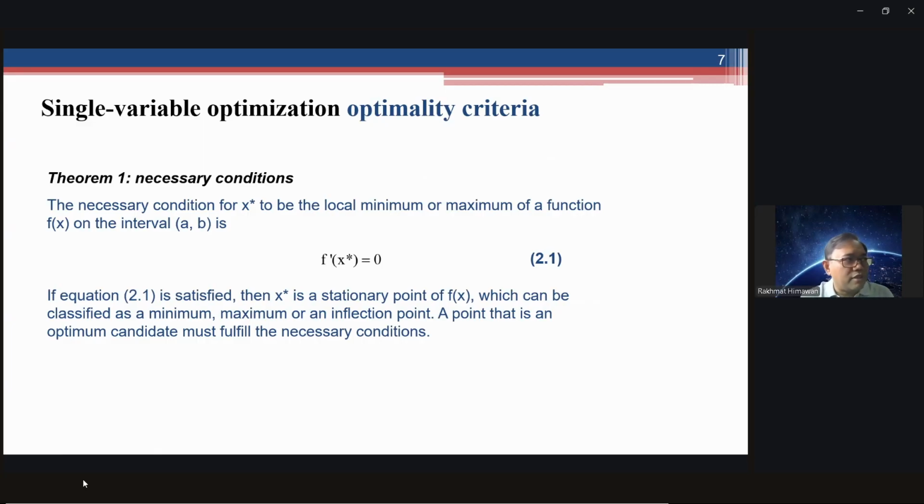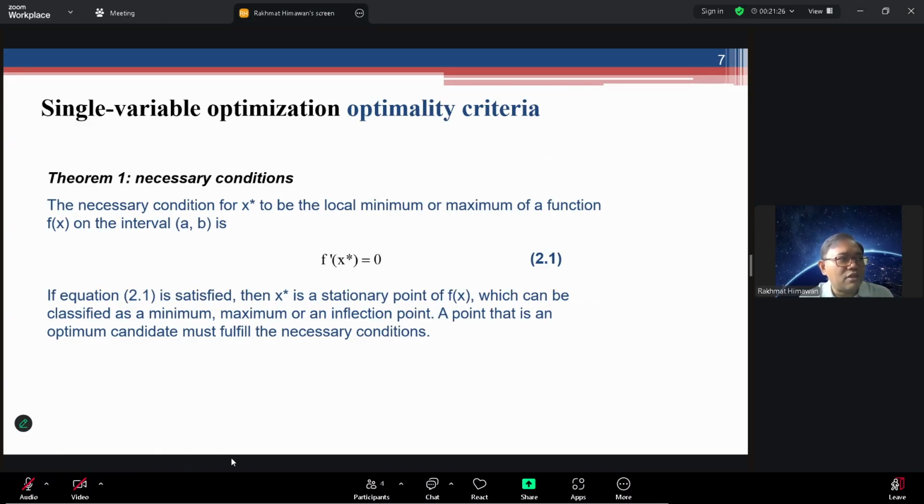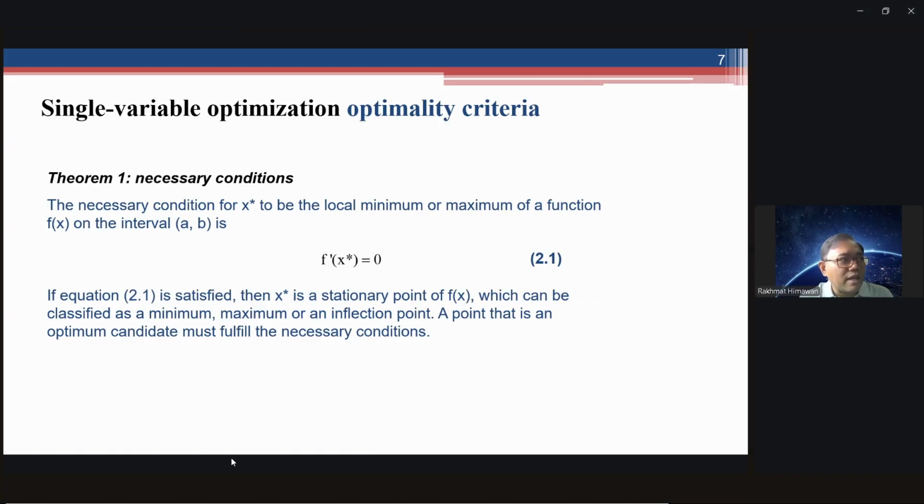The condition for x star to be the local minimum or maximum of a function f(x) on the interval A and B is that if we take the differential, f'(x star) is equal to 0. Then you'll see that there is a local maximum or minimum.